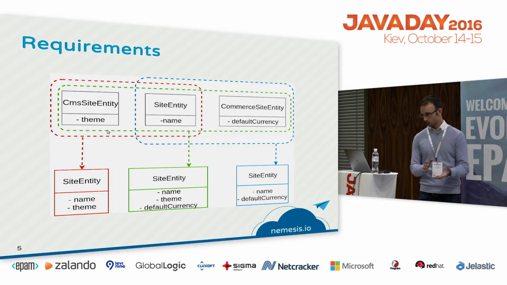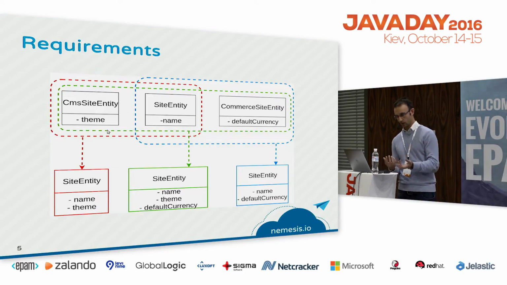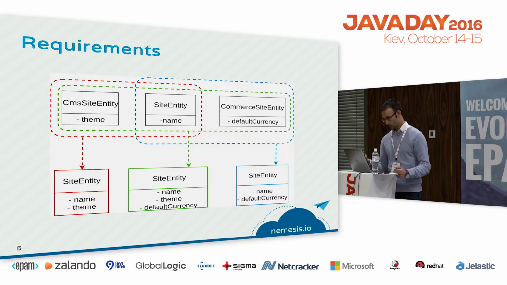So what we wanted to build, like I told you, is a modular application. Like you can see here on this slide, we have a green box. The green box is all the modules together, but we also have a red box, which is, for instance, the commerce module, and the blue box is just another module.